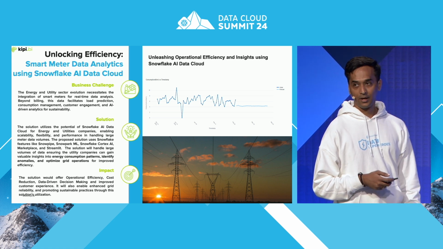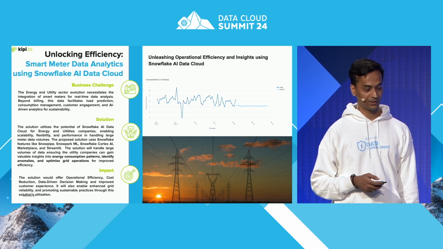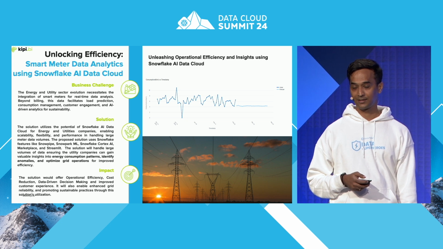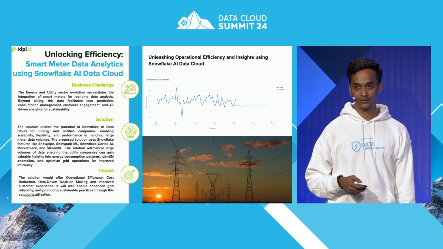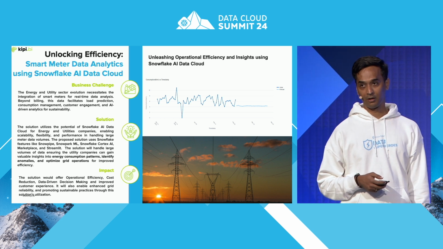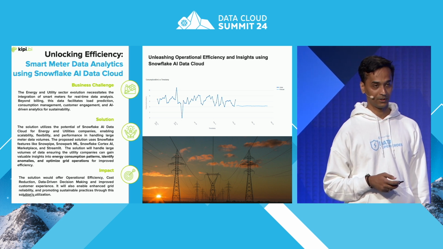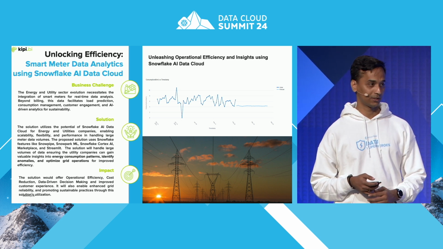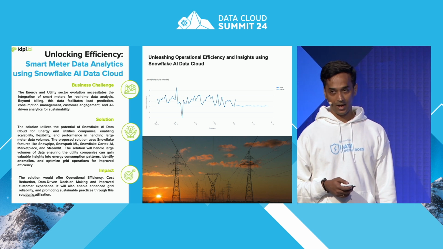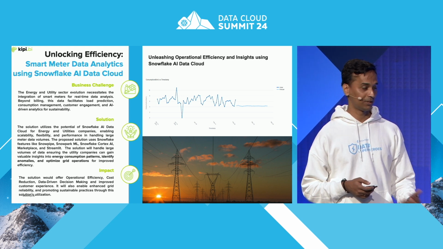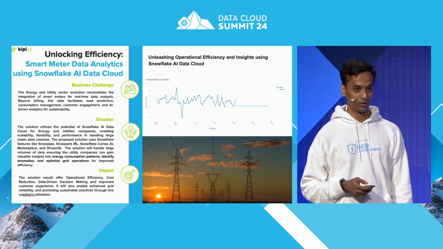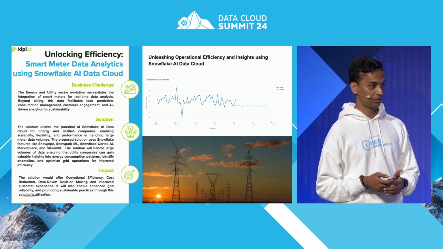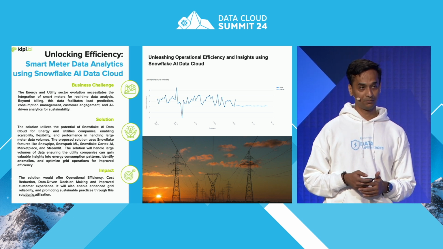A solution like this unlocks a lot, and specifically, within the last couple of months with the new announcement around AI/ML Cortex, there's a lot of plug-and-play things you can do right away. It could be demand forecasting, anomaly detection, theft detection, or giving out notifications and warnings to your end customers.